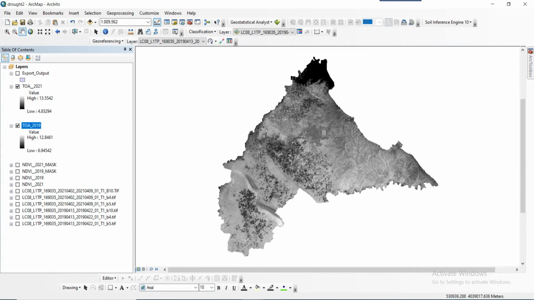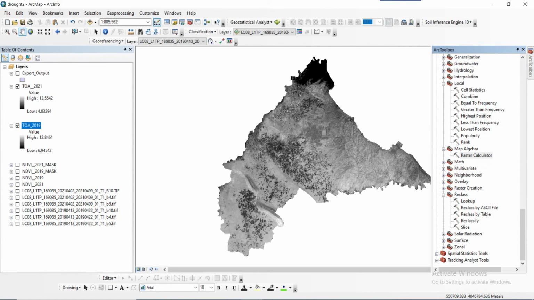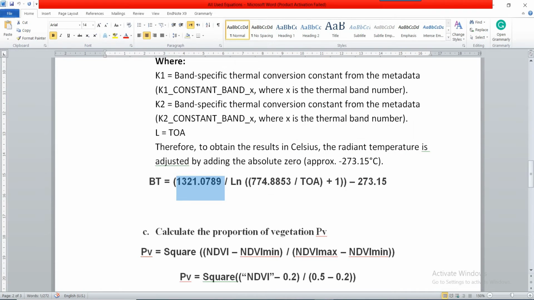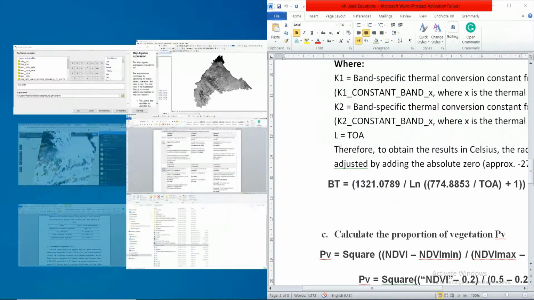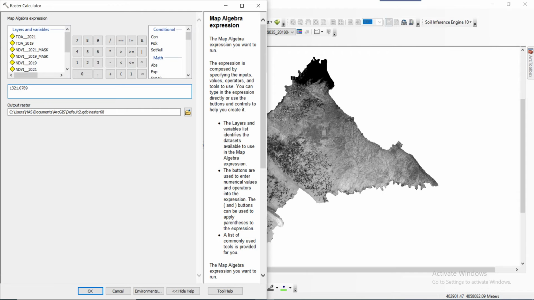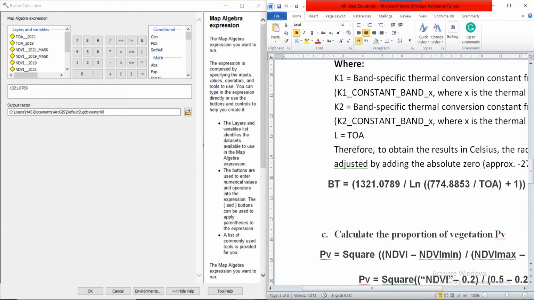So we will go to the ArcToolbox, raster calculator again, and we have this value divided by, so I'm gonna add a bracket right here and divided by the natural logarithm of, add another bracket.